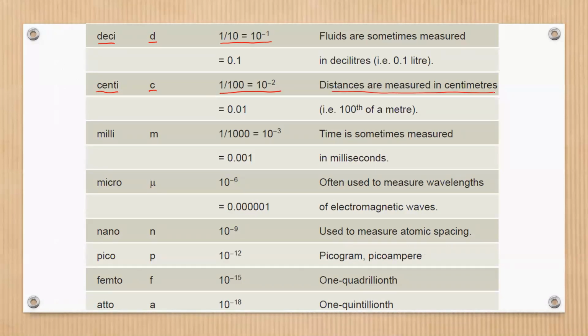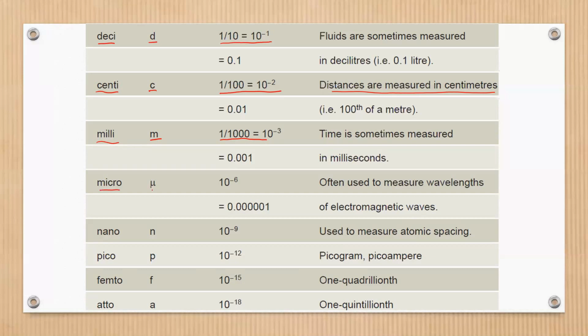Milli means the 1000th part of something, 1/1000, 10 to the power -3. So time is measured in milliseconds. Millimeter, milligram.